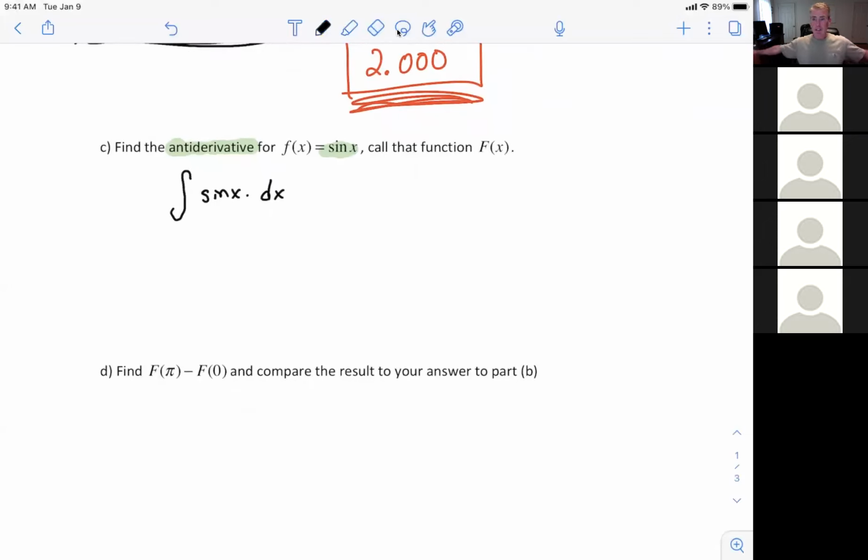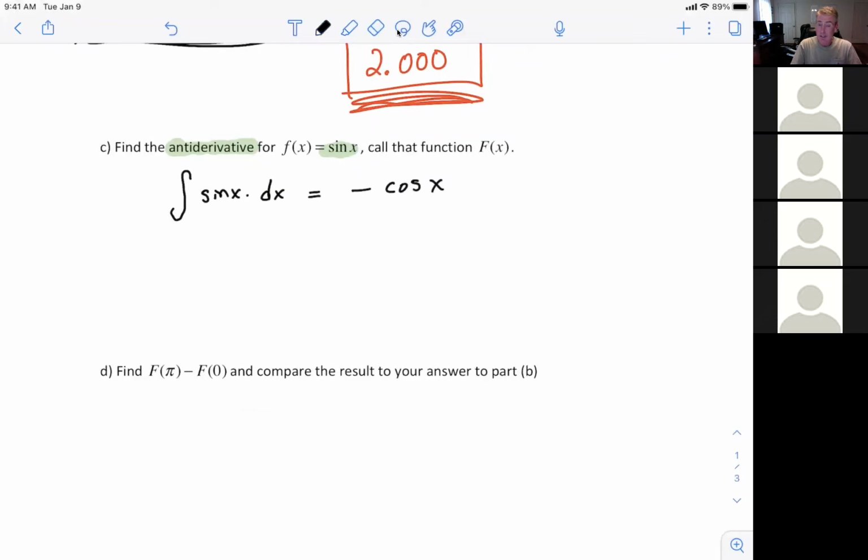Does anybody know the antiderivative of sine? I'm not even hearing crickets. Negative cosine? That is true. Because when you take the derivative of cosine, it's actually negative sine.